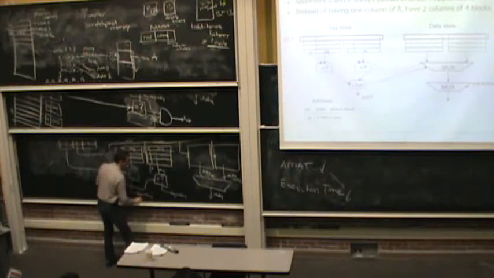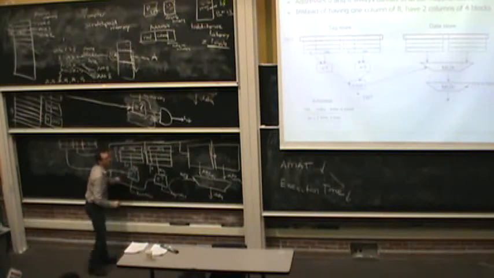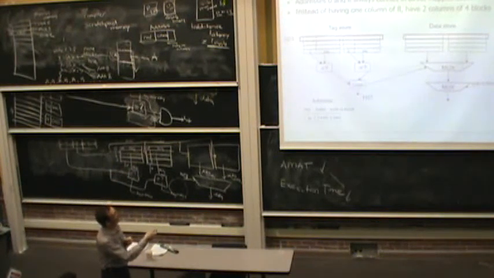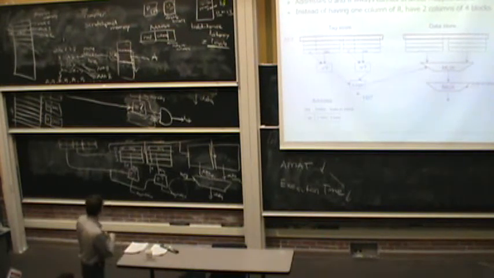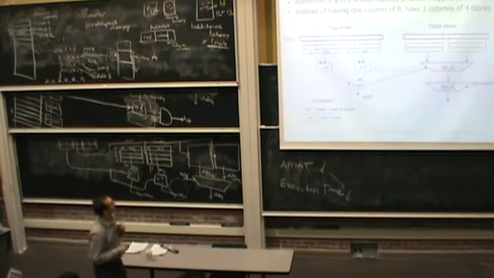So this will tell you the way that you hit. There's some logic here that I'm not going to draw, but you should be able to draw it. This logic tells you which way you hit on, and that's very simple, right? If your tag matches in one way and the valid bit is set, you hit in that way.